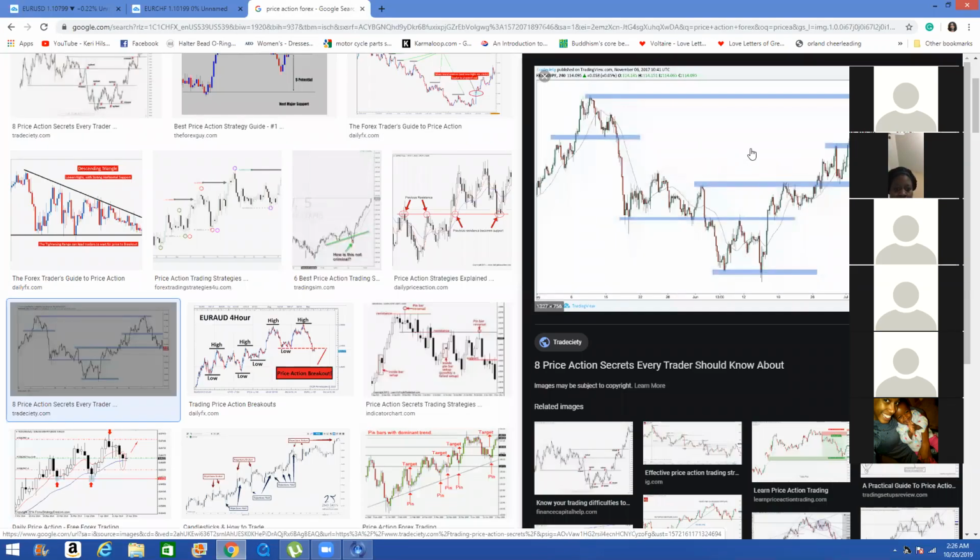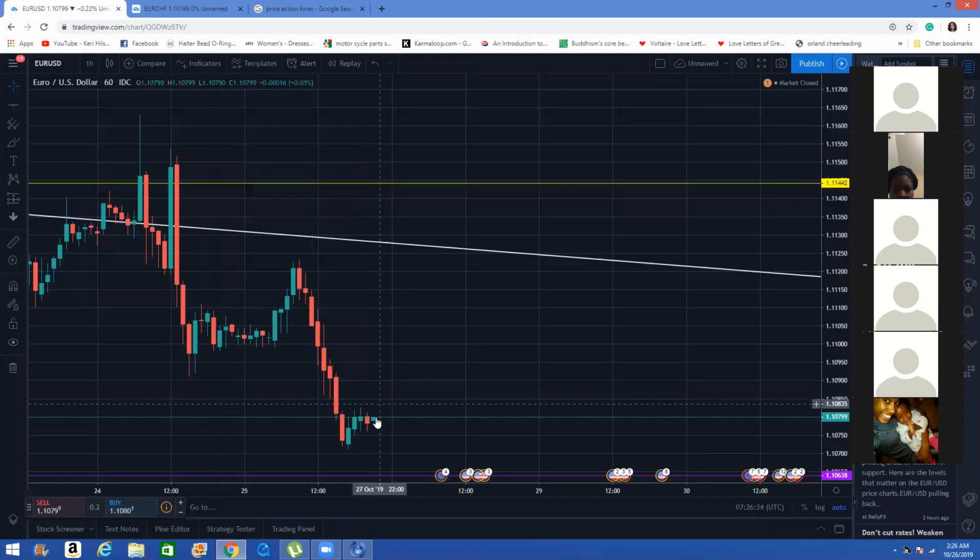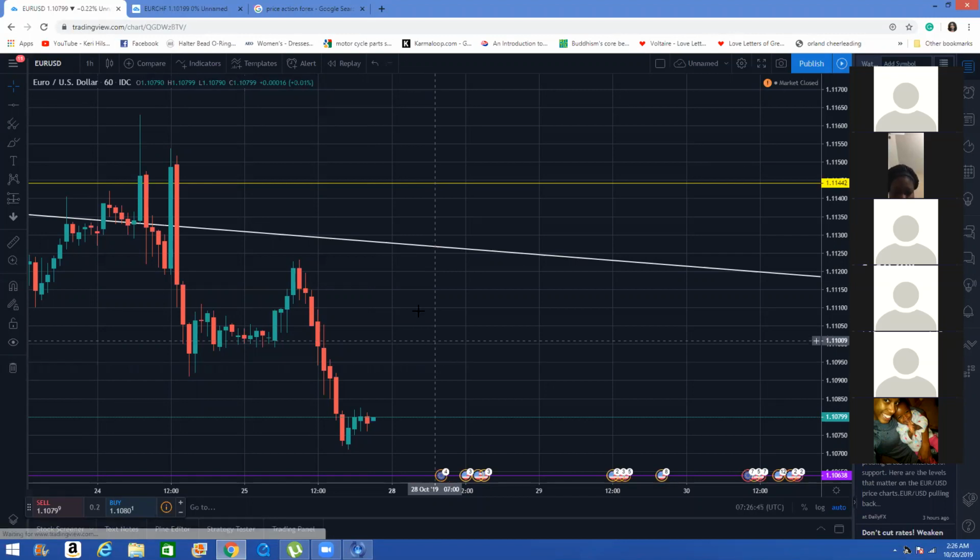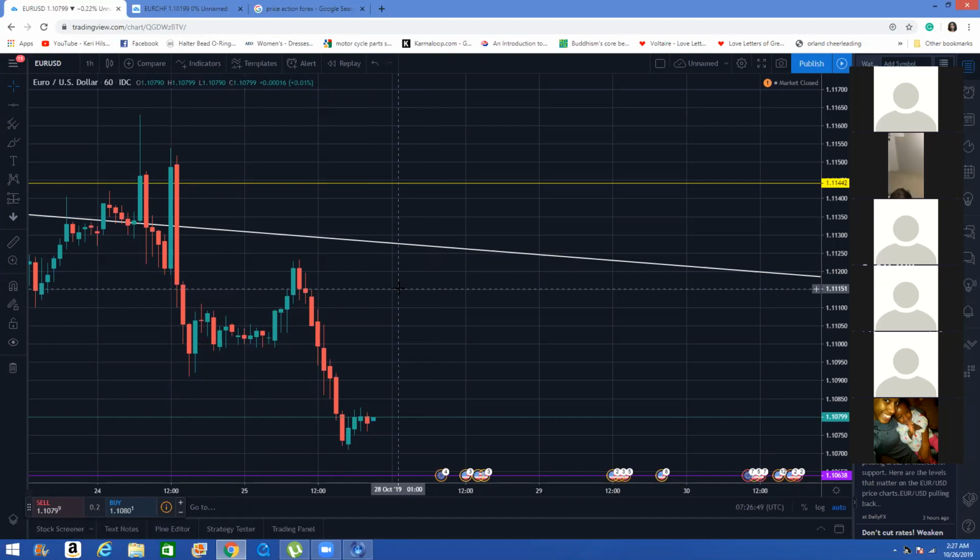So you want to mark up these points, and it's gonna show you now. You might have a bearish engulfer, and that might tell you, all right, cool, that'll confirm my sale. I can get in now, right? You might have a bunch of reasons to get into a trade, and that's what you need. You always need a bunch of reasons to get into a trade. Every single time.